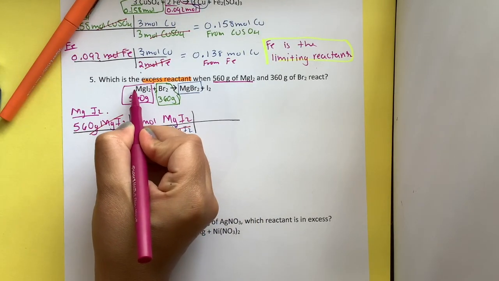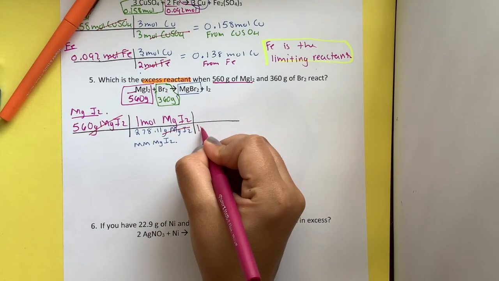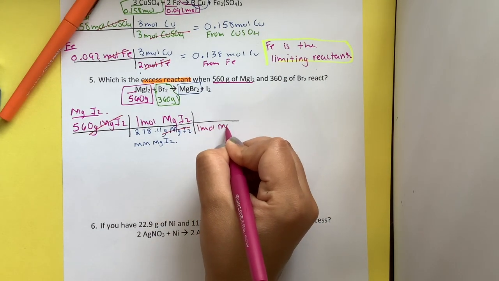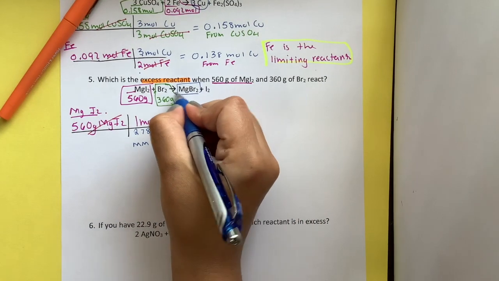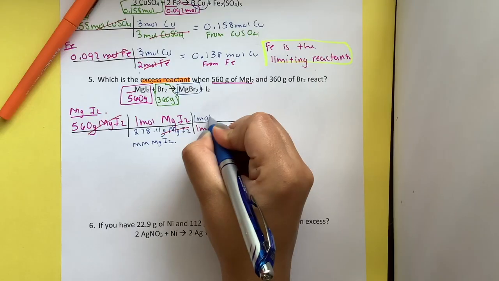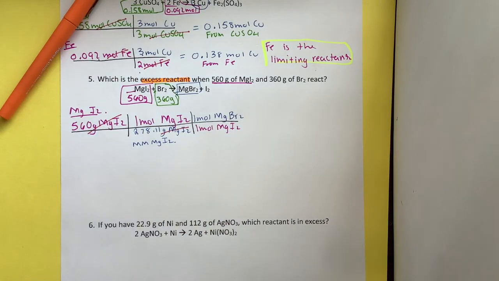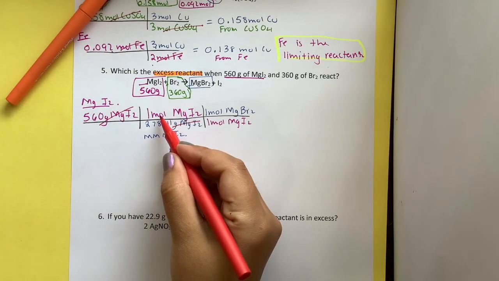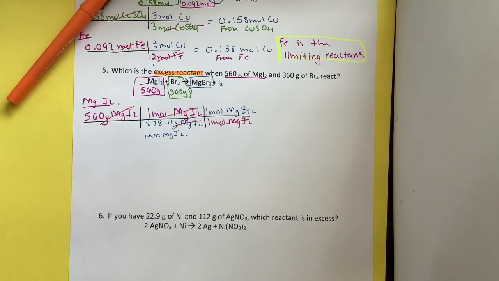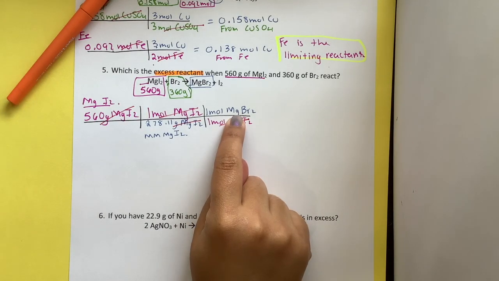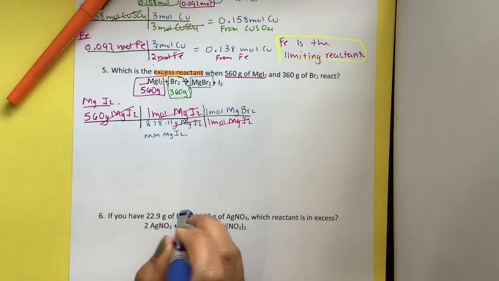So now my mole ratio, since I don't have a number in front of this, that means that I have 1 mole of MgI2 for every 1 mole of my product. Like this, the moles of magnesium iodide get canceled out, and I'm left in moles of magnesium bromide, my product. Okay, and I'm going to stop here.